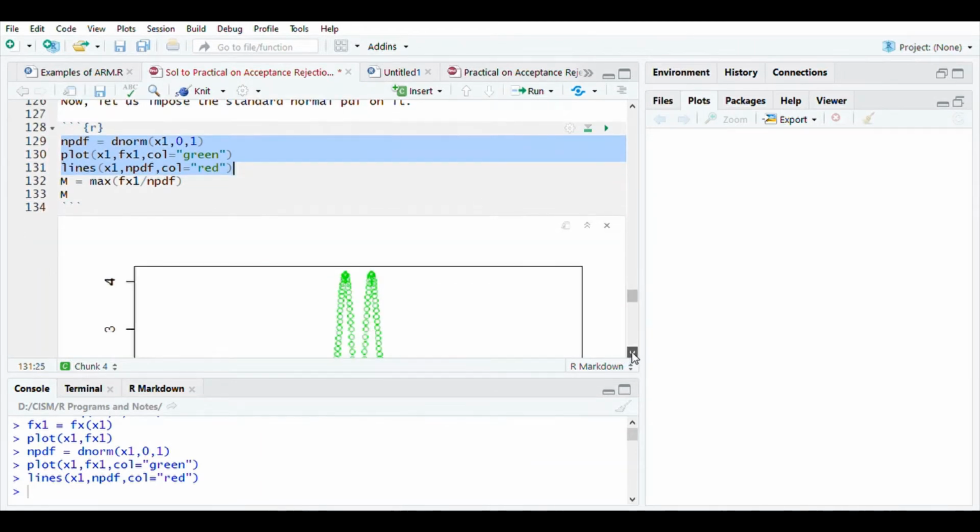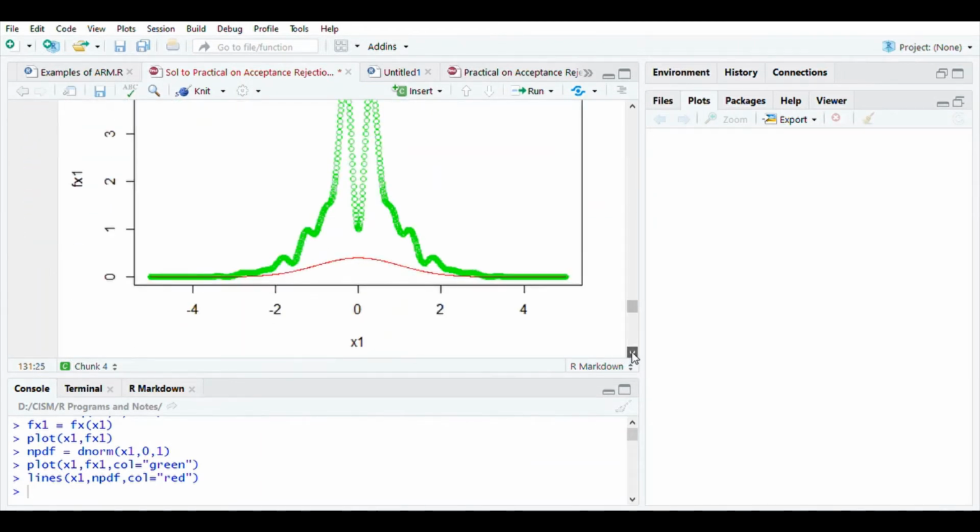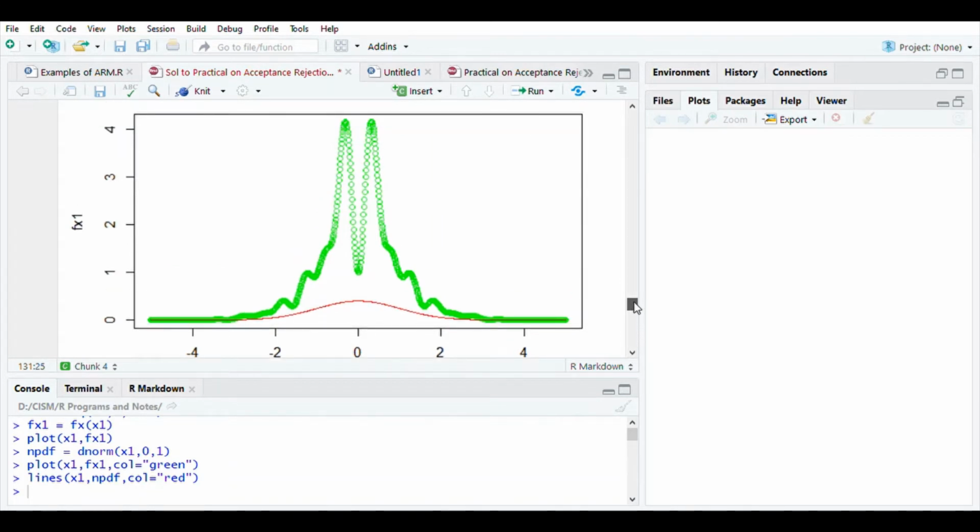So how do they look? So the red one is the normal distribution, and this one is the target distribution. Now don't have a feeling that they are so away from each other, because notice that target distribution is not a proper distribution, isn't it?